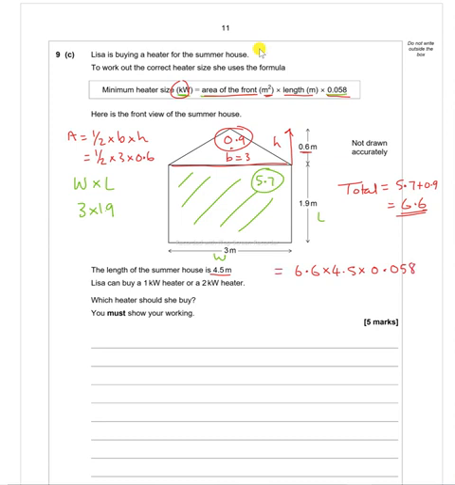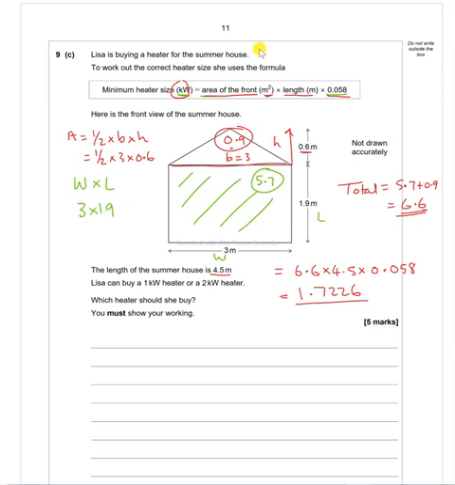That's probably efficiency or something. So it's 6.6 times 4.5 times 0.058, which is 1.7226.